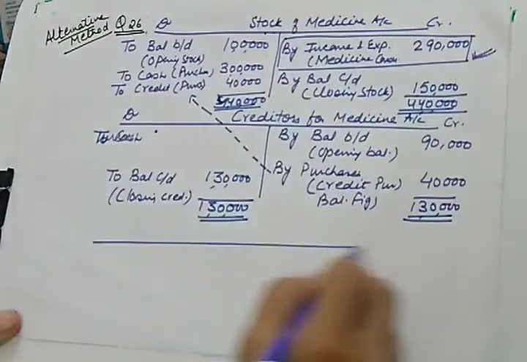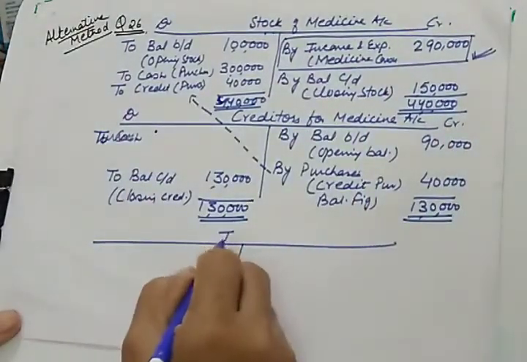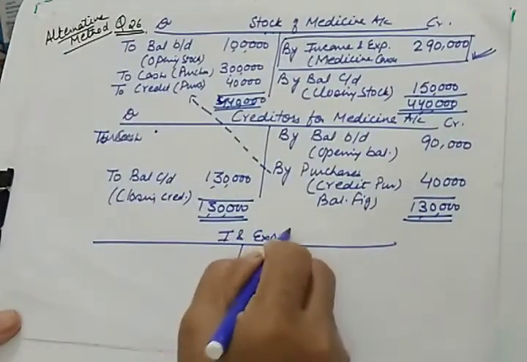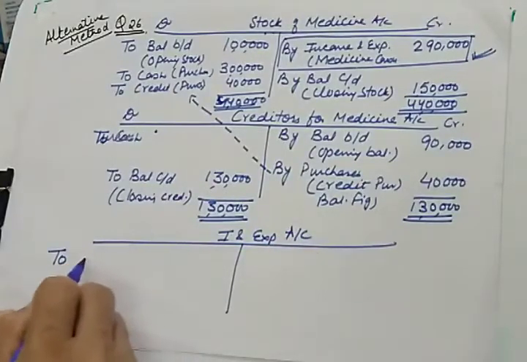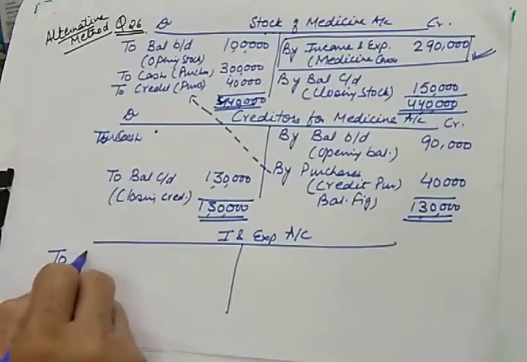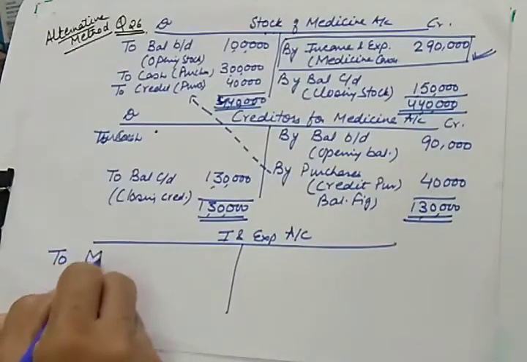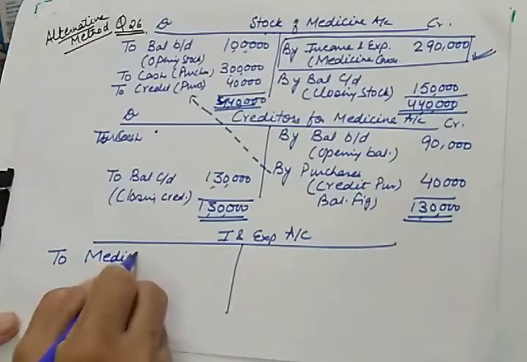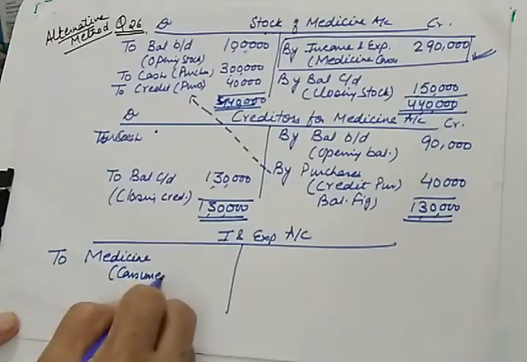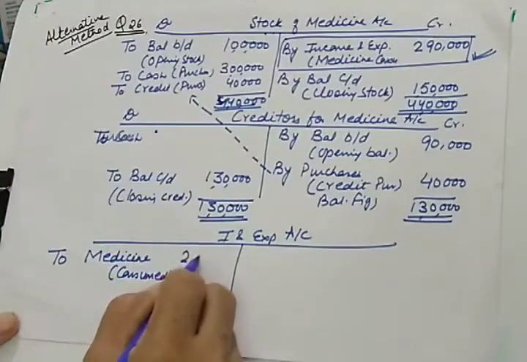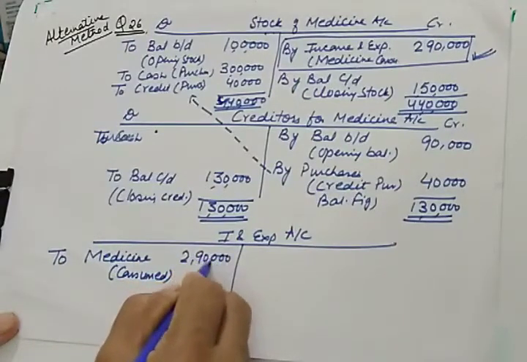And this will be recorded in the income and expenditure account. Which side of income and expenditure? Debit side of income and expenditure. To medicines, in the bracket you can mention consumed, 2,90,000.